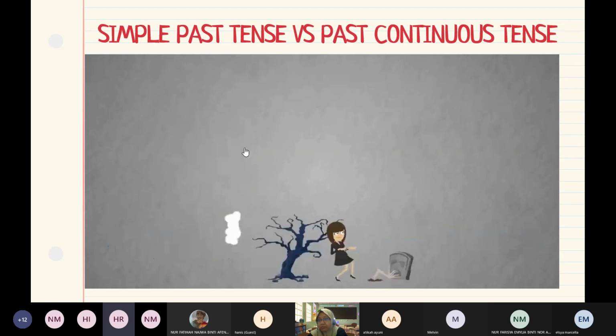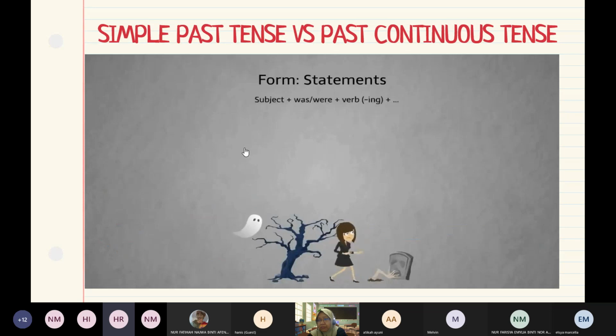Let's look at the form now. The form for statements is subject plus was or wasn't and weren't for negatives, plus verb in the ing form. For example, Alyssa was working late at the office.